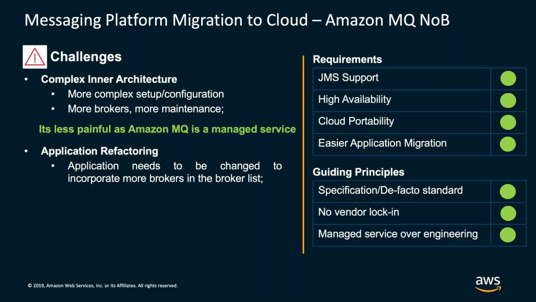So there will be a configuration change, but it's a trivial configuration change, so you don't need to worry much about that. So with that, Amazon MQ network of brokers is a great solution for matching our need, providing us the kind of availability that we are looking for. With that, thank you so much. And if you have any question, please feel free to ask.